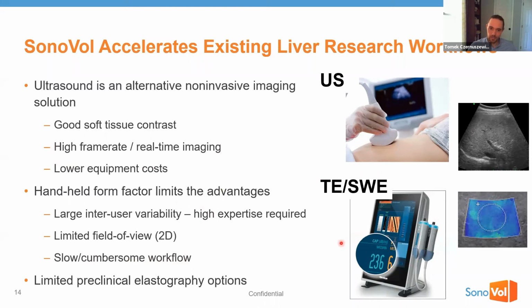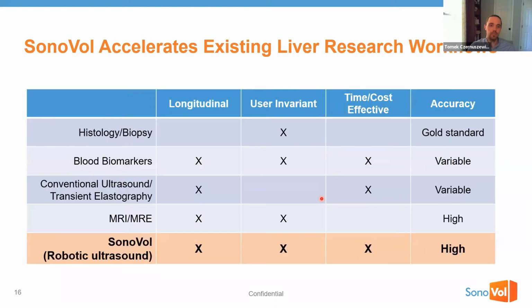Elastography has also been implemented for the ultrasound world and has really taken over the clinic and had a lot of success, but the preclinical options are very limited at this point, and follow the same motif as a handheld form factor. So we looked at this landscape and said, can we do this in a better way?